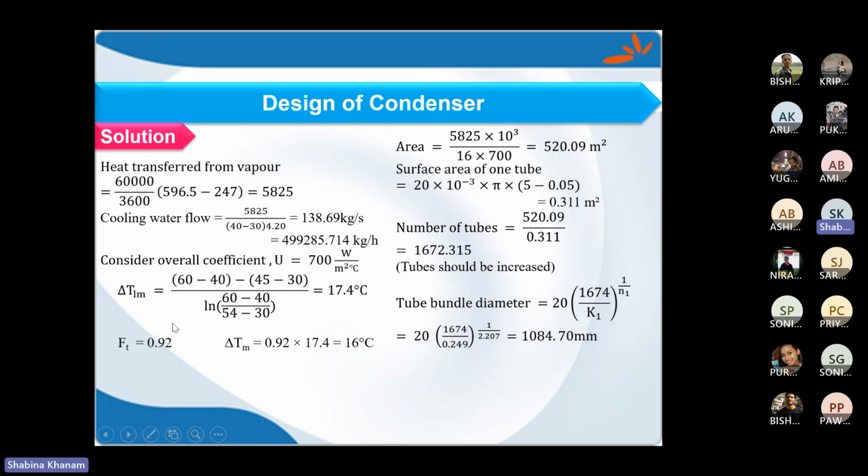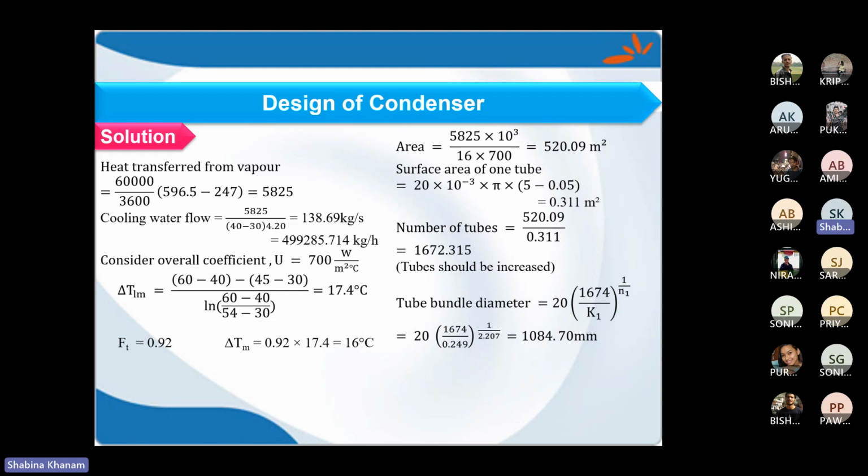Okay, so for 1,2 shell and tube you can find out the FT correction factor, and that you can get as 0.92, and considering these two values, you can find out true LMTD or true mean temperature difference, and that is coming as 16 degree.